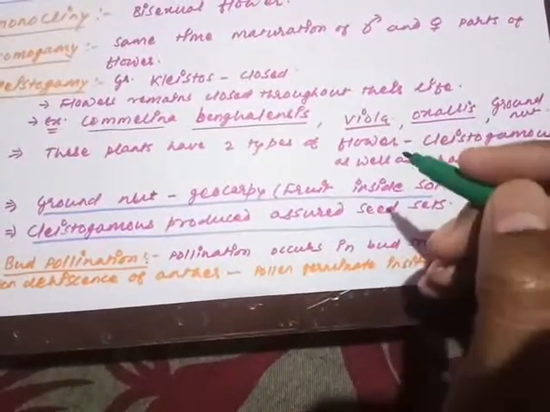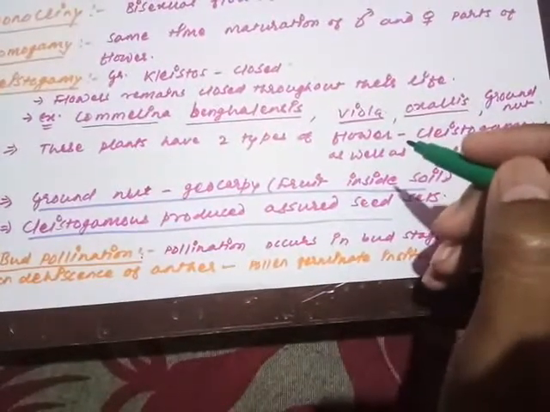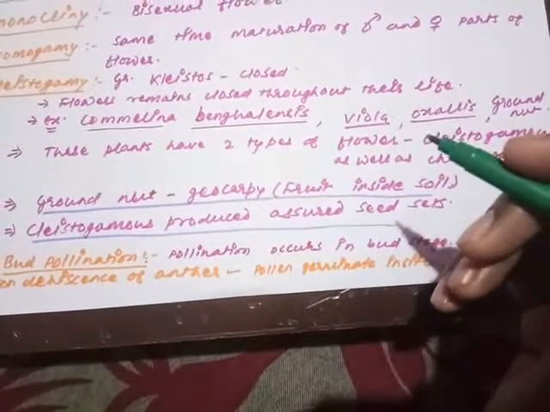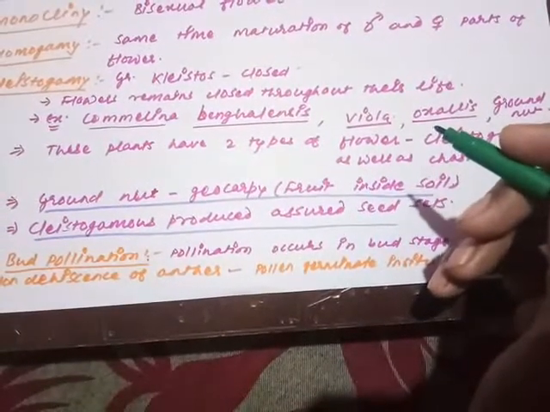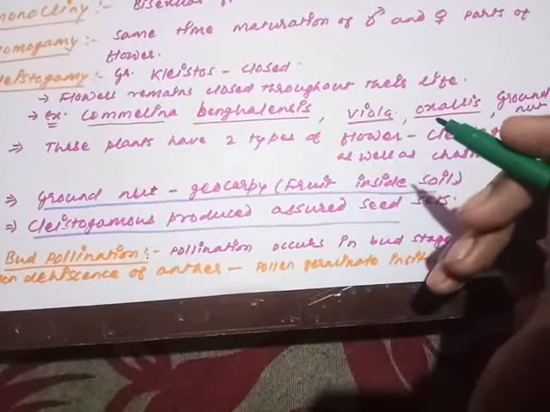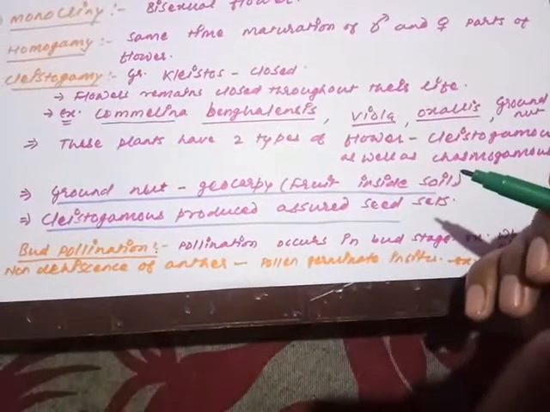Commelina bengalensis is a very unique plant because it bears both types of flower. On the aerial portion it has chasmogamous flowers. When it is present at the bottom, in the soil, it has cleistogamous flowers. So they have both types of flower, chasmogamous and cleistogamous.